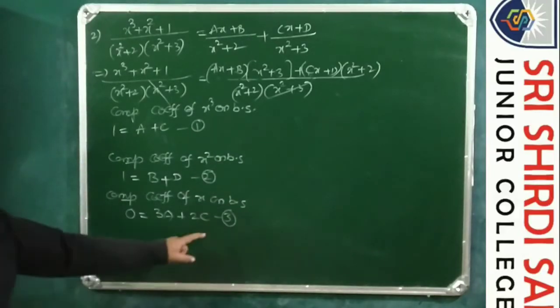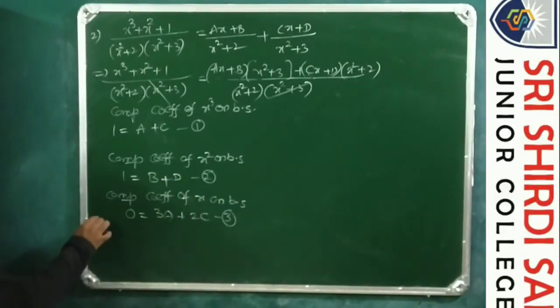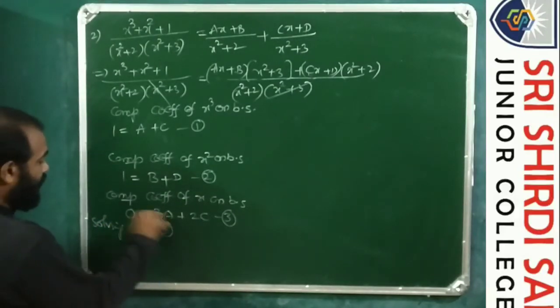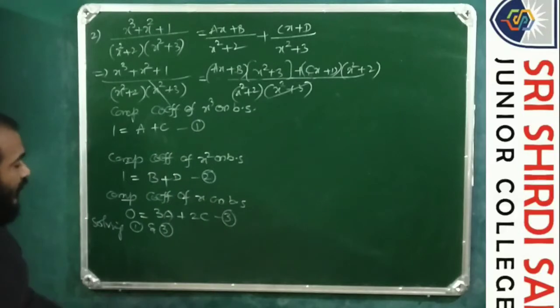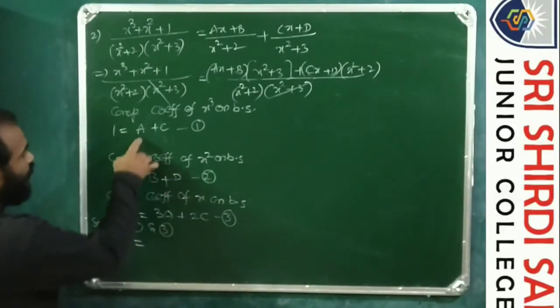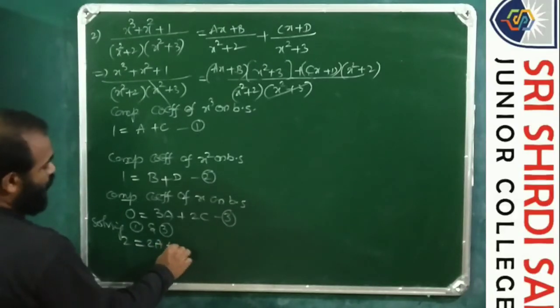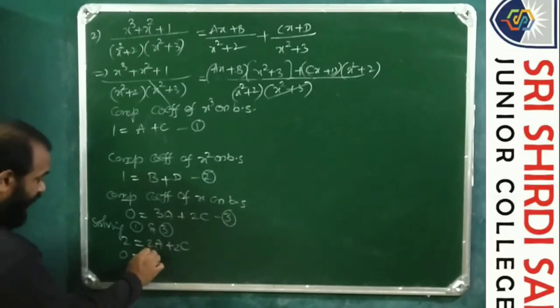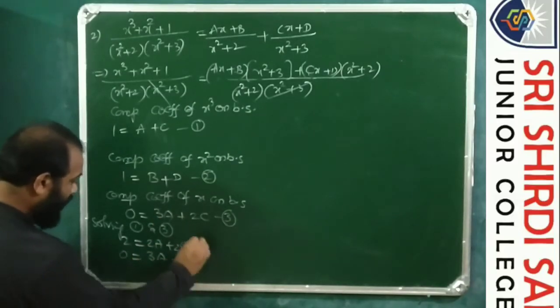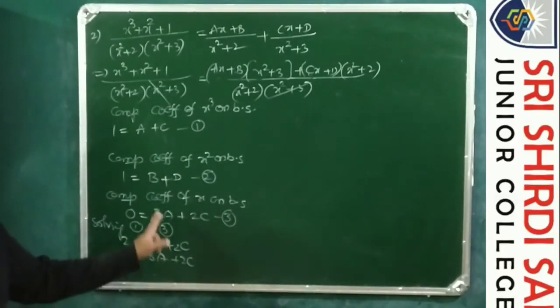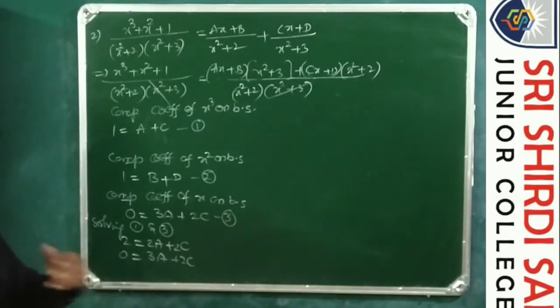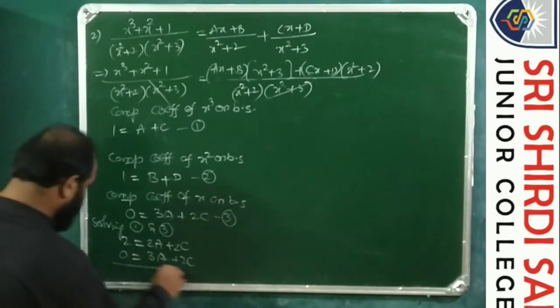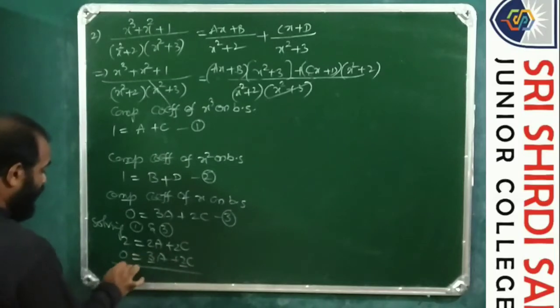So solving 1 and 3. First equation, let us multiply with 2. So 2 is equal to 2a plus 2c and 0 is equal to 3a plus 2c. These are the two simultaneous linear equations in a and c. Now subtract: minus, minus, minus.